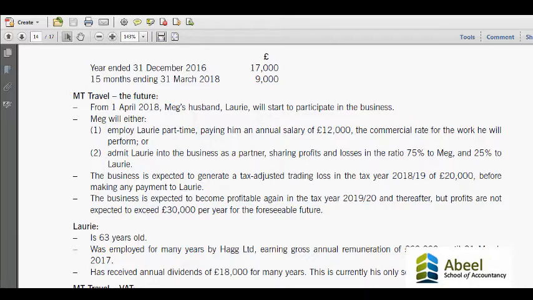Or admit Laurie into the business as a partner, sharing profits and losses in the ratio 75% to Meg and 25% to Laurie. The business is expected to generate a tax-adjusted trading loss in the tax year 2018-19 of 20,000 before making any payment to Laurie.